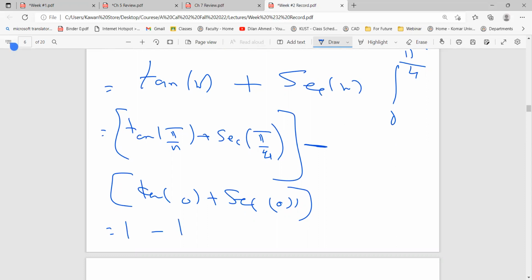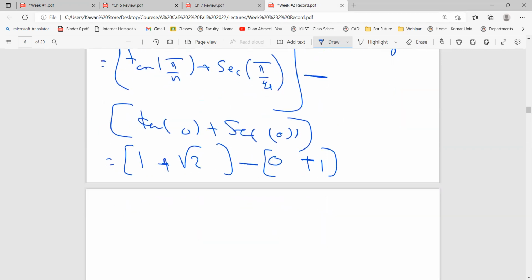Sorry, I made a mistake. Tan of pi over 4 is 1, secant of pi over 4 is square root of 2, minus tan of 0 is 0, secant of 0 is equal to 1.